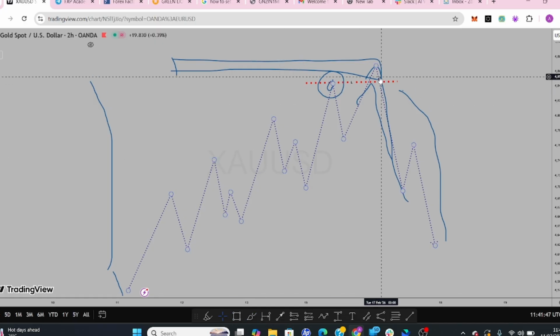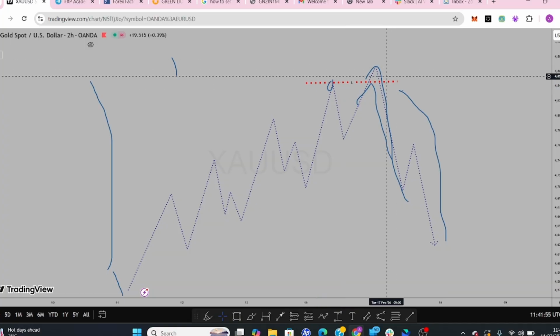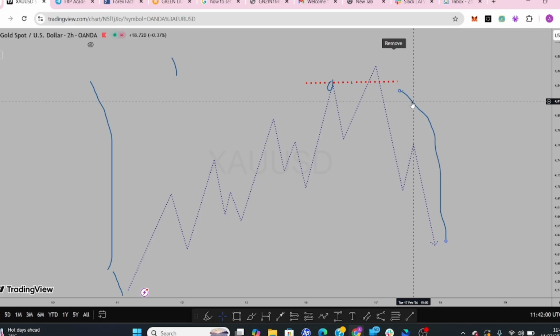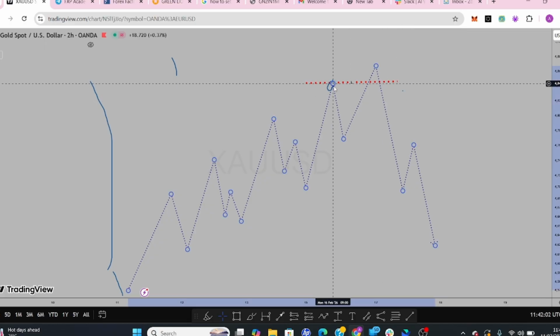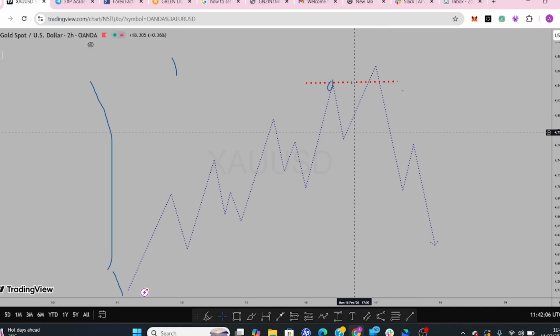First of all, sorry, let me clean all of this. So these are the confluences that you must put together. Number one, a liquidity sweep. Number two, a change of character.